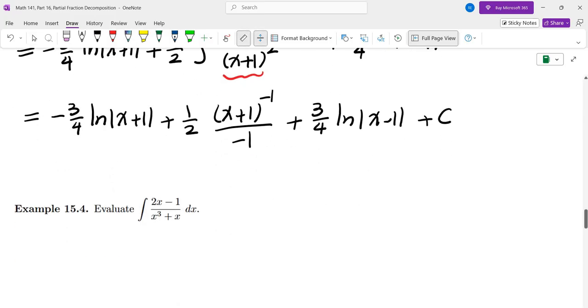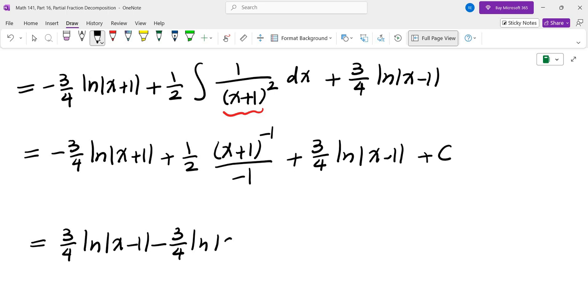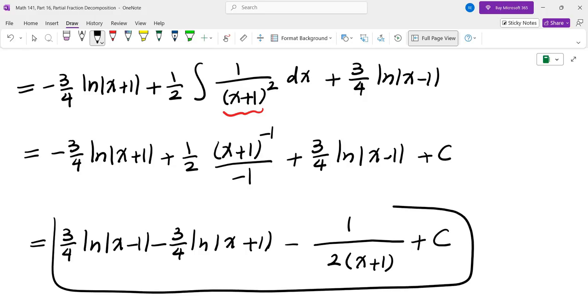To simplify this, I'm going to put the positives at the beginning: 3/4 natural log of x minus 1 minus 3/4 natural log of x plus 1 minus 1 over 2 times x plus 1 and then finally plus c. So that would be the answer to the problem.